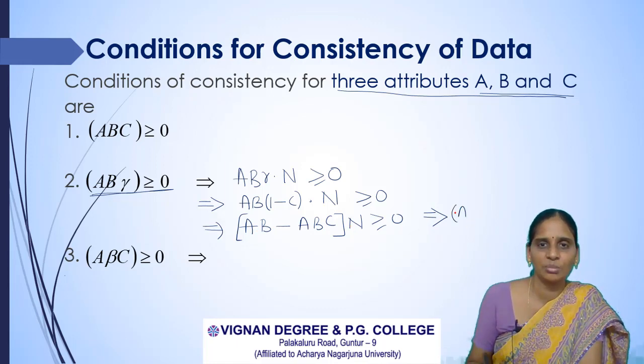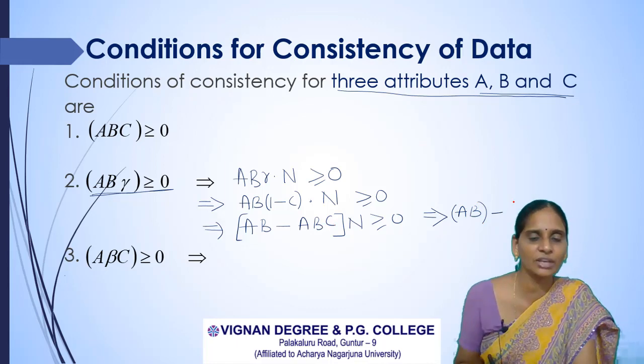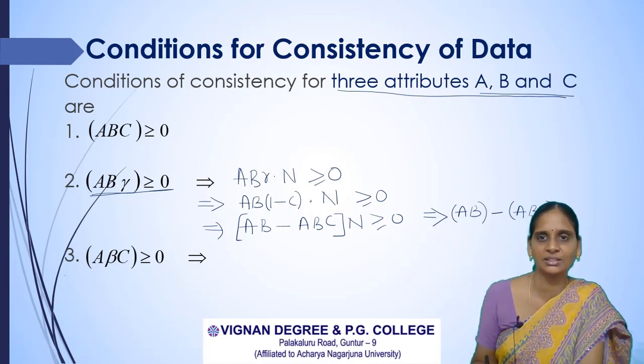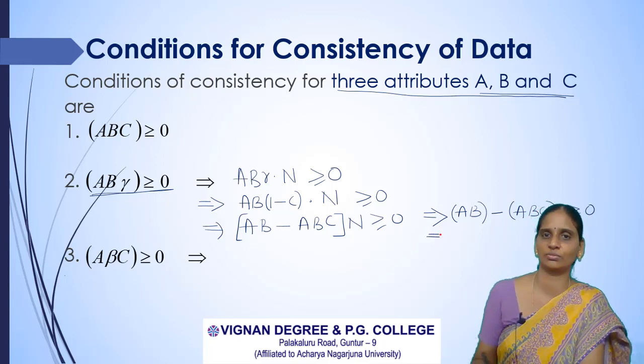AB into N means frequency of AB, minus ABC into N can be written as frequency of ABC, which is greater than or equal to 0.